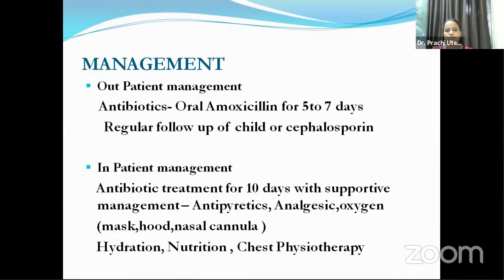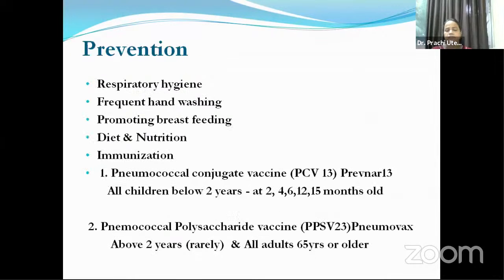And inpatient management is needed in the severe variety, and antibiotic treatment is continued for 10 days with supportive management like antipyretics, analgesics, oxygen by mask or nasal cannula. Along with this, we definitely need to keep watch on the hydration of the child, the nutrition, the diet, and chest physiotherapy is required to be given.